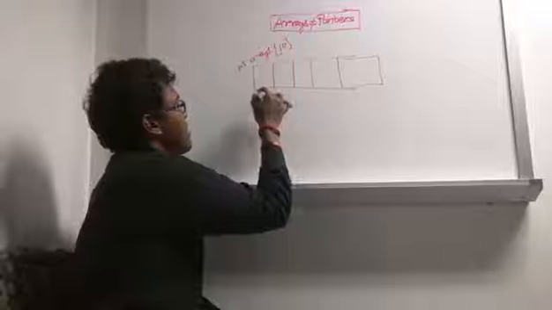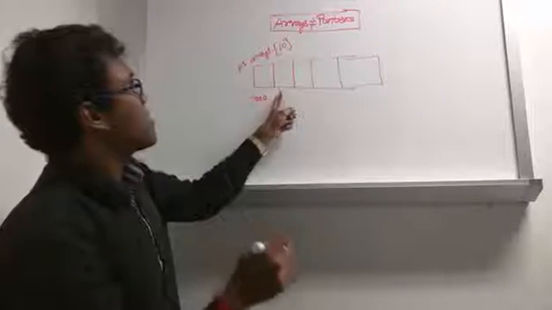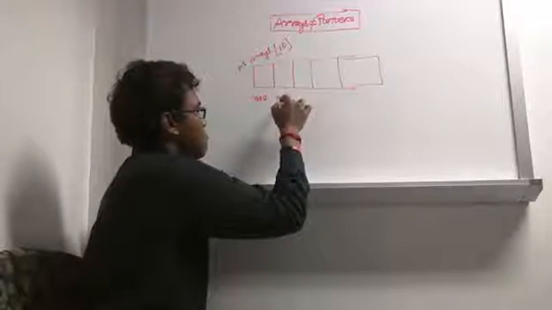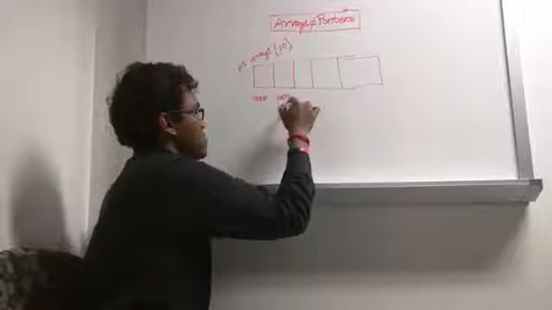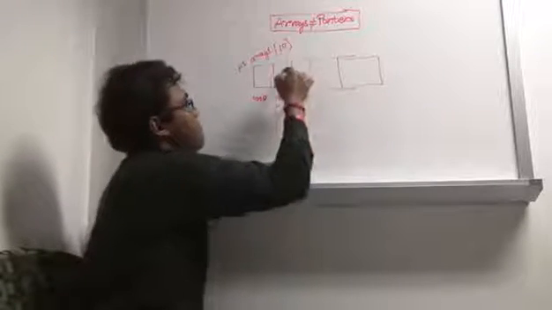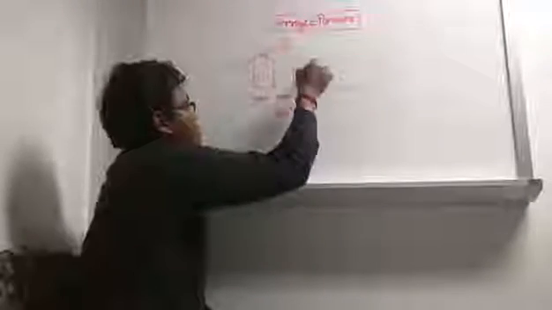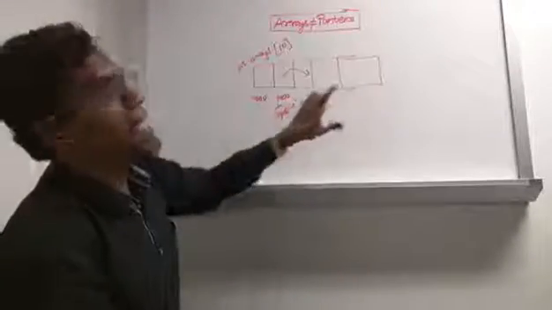For example, if this is at address 1000, then the next location would be 1000 plus the size of an integer, and the address of this location would be again this one plus the size of an integer. So it would be located at consecutive locations in memory.